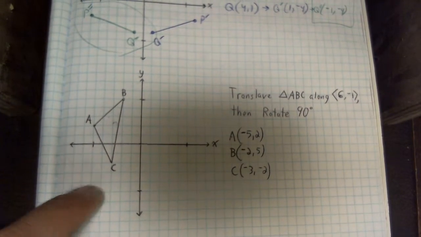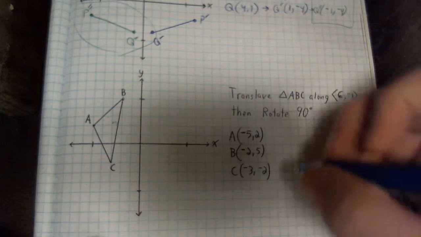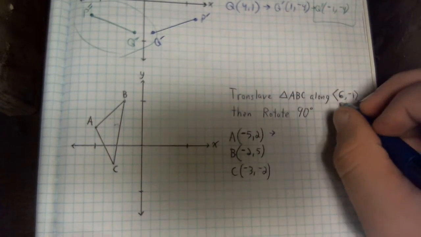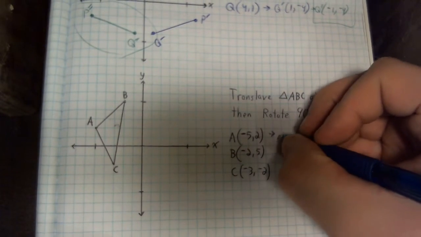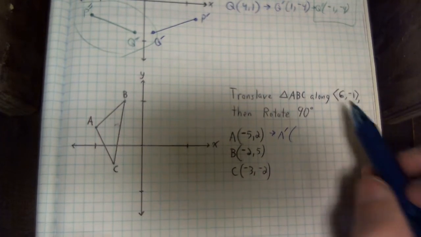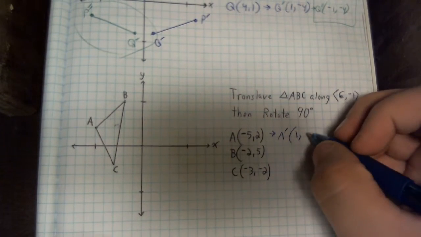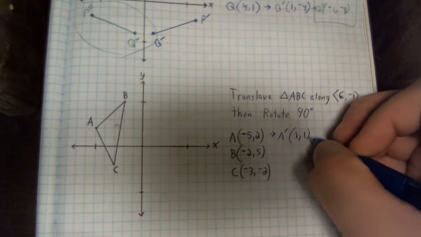What we want to do first is translate along this vector, 6, -1. If you guys remember, all we have to do to translate is just add whatever they give us to our original points. So for A prime, -5 plus 6 is going to give us +1. 2 and -1 gives us 1.